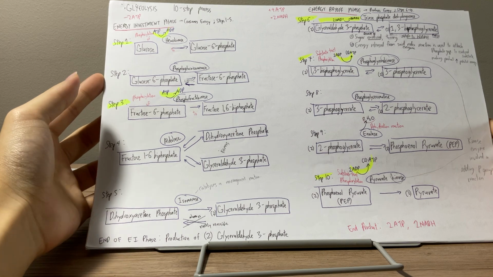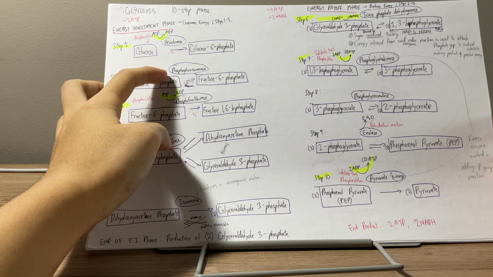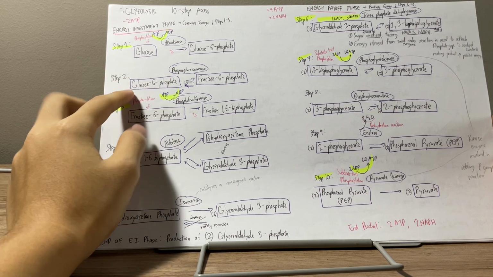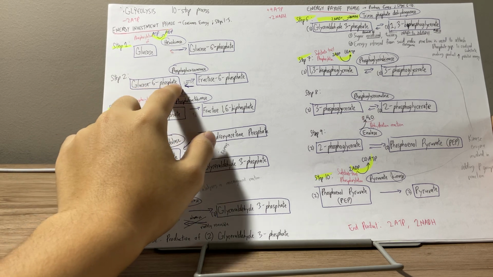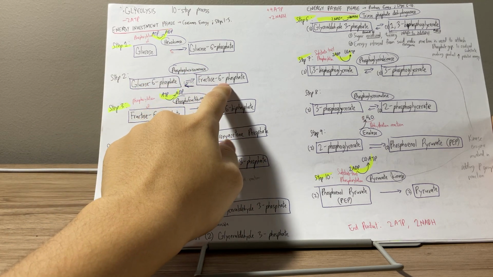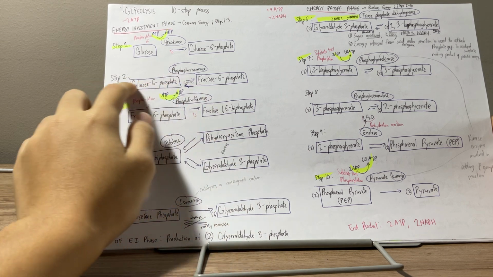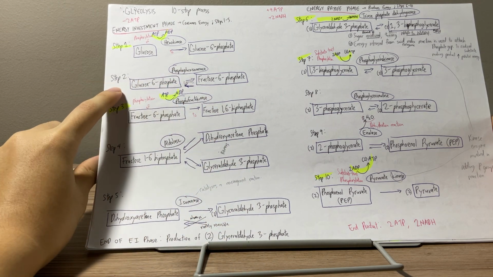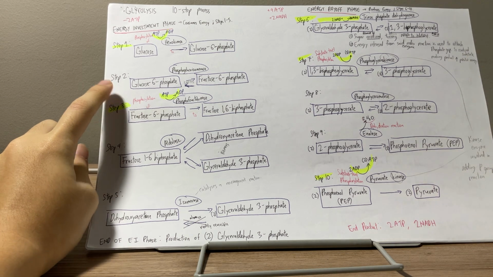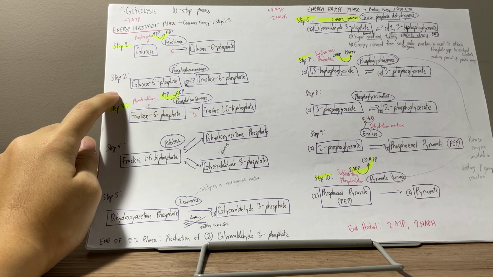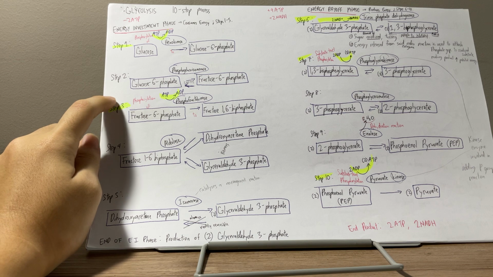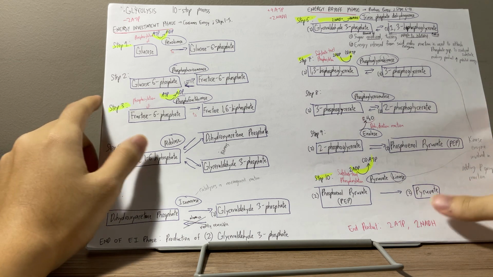For step 2, this is phosphoglucoisomerase, from glucose 6-phosphate into fructose 6-phosphate. They are isomers. I'm not sure what being isomers means, but feel free to research on that.